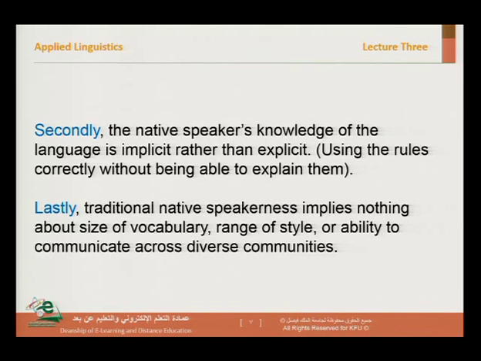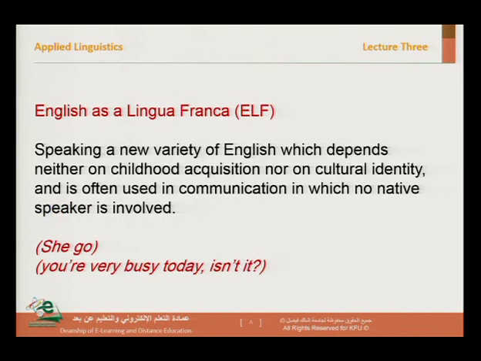It is not including these factors that we have mentioned already in our presentation, which makes us aware of the fact that maybe non-native speakers are better than native speakers in terms of, for example, vocabulary.